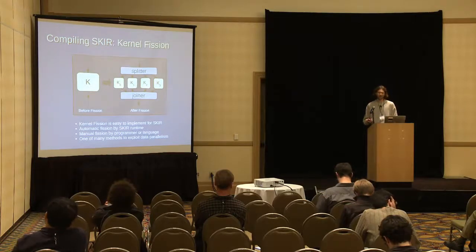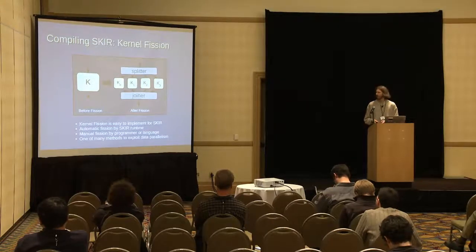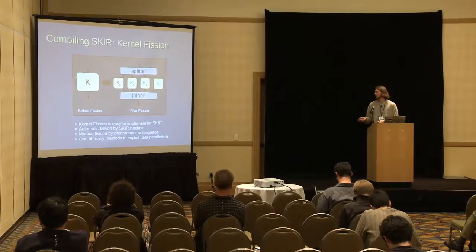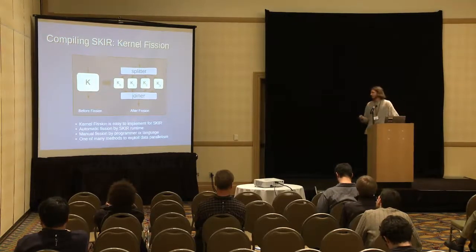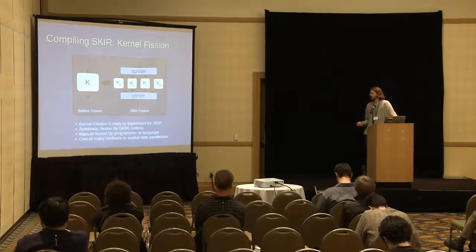The programming model makes this very easy. We basically just generate the new kernels and do scatter and gathers on the inputs and outputs to exploit that data parallelism. Of course, that's not the only way to exploit data parallelism, but it turns out in practice that this is fairly low overhead.